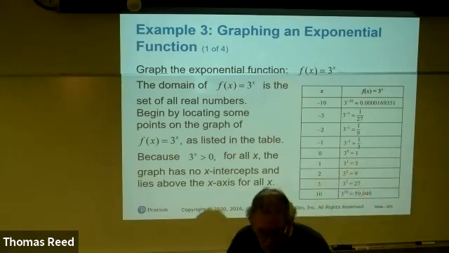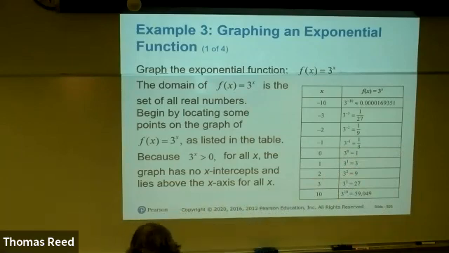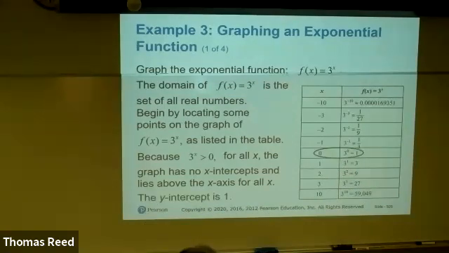And so my x-axis becomes a horizontal asymptote. And the y-intercept is 1, because anything to the 0 power is 1. So when I put 0 in for x, I get 1 for the y value.